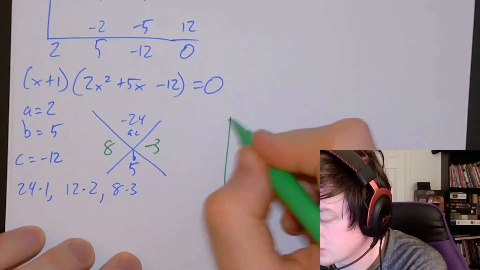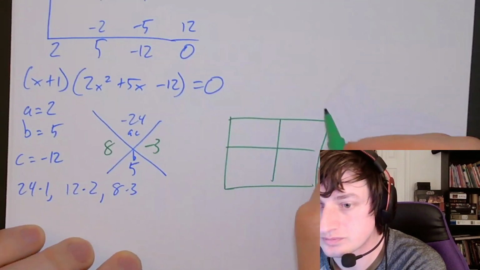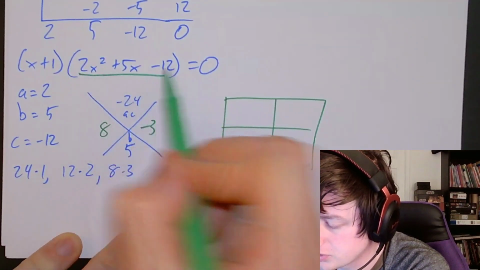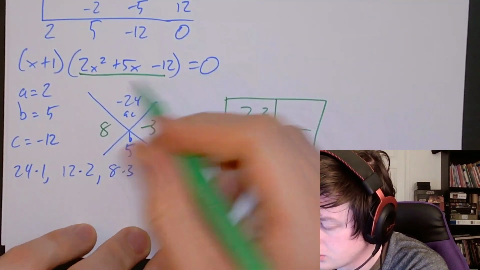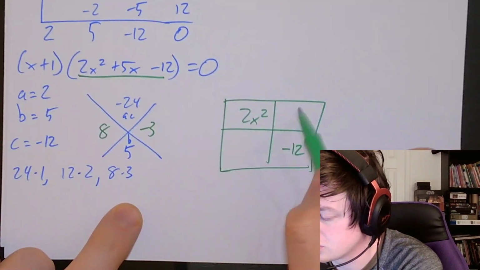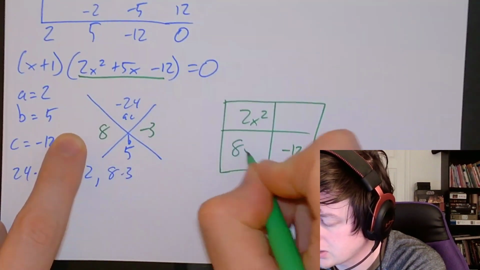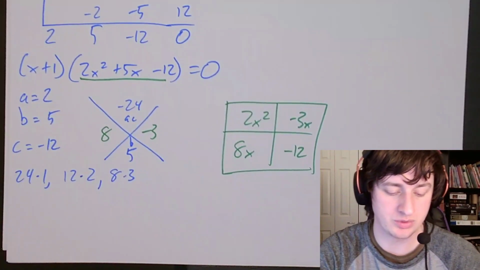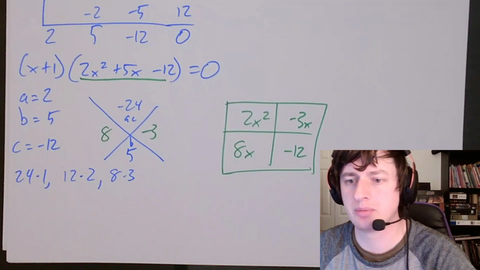So then we make a box. Stuff in the box adds to make this function here. So we have a 2x squared and a negative 12. That's these two things. And then these two add to make the 5x. So we have an 8x and a minus a 3x. And then we're just going to factor the common things out.